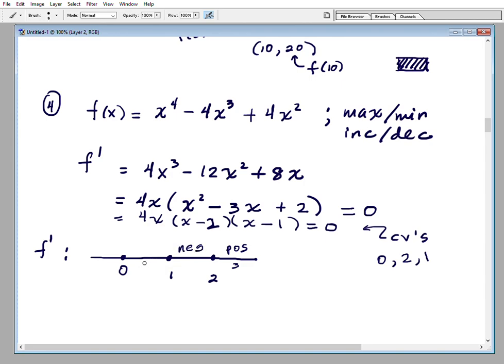Plug in minus 0.5, and we have negative, negative, negative. Just 1 second. There should be an alternating pattern.